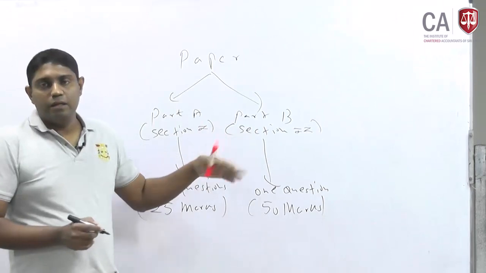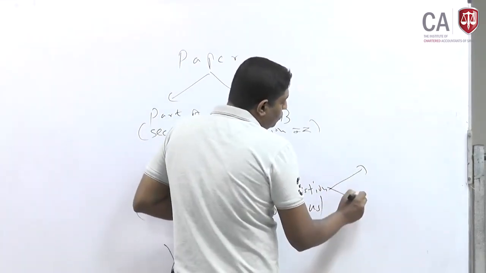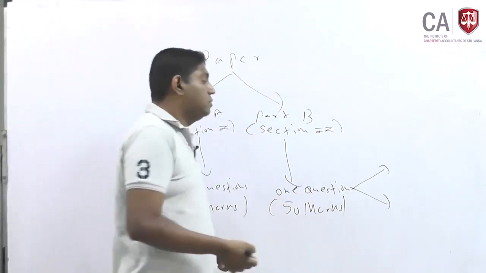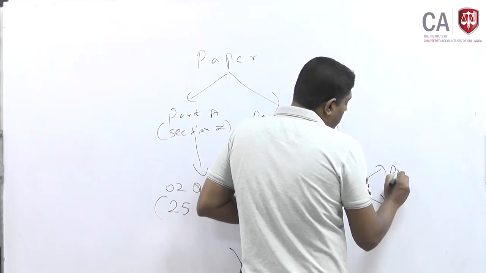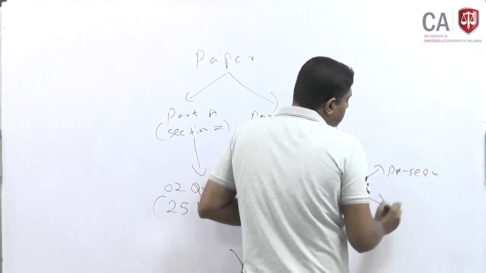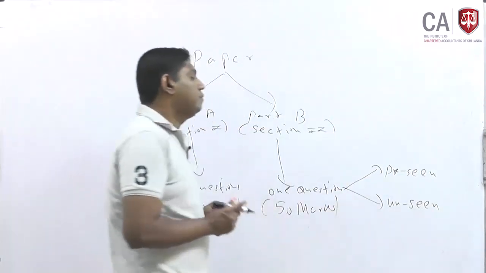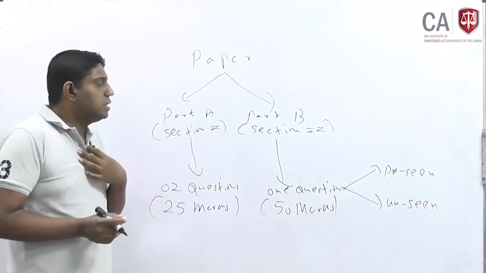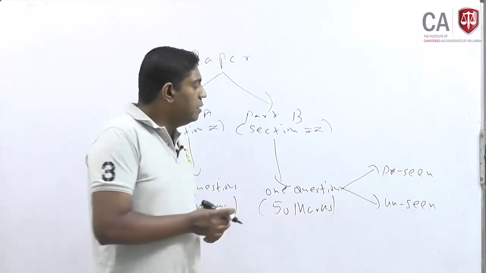Now here, as I have explained, there are two parts. The first part is the pre-seen material, then the second part is the unseen material. The pre-seen will be given before the exam.